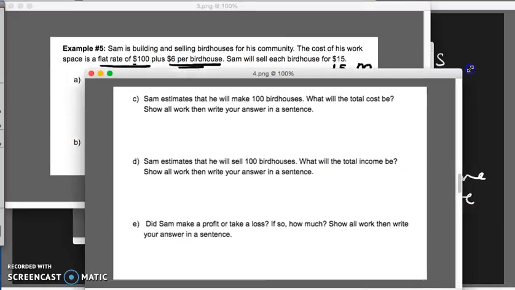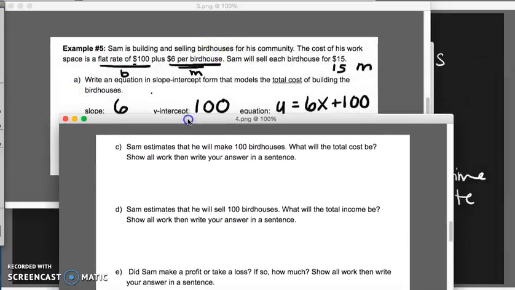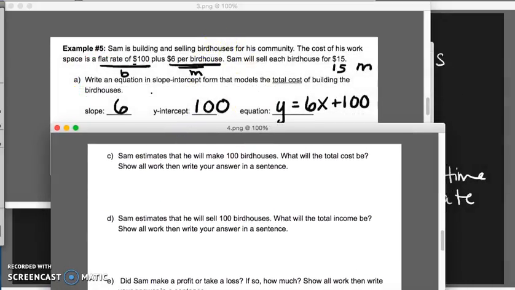So let's look at part C now. Sam estimates that he will make 100 birdhouses. What will the total cost be? Now we just want the cost, and we know that the equation for the cost to make these birdhouses is y equals 6x plus 100. So if he's going to make 100 birdhouses, substitute the 100 into your x in your equation to see how much it's going to cost him just to make 100.